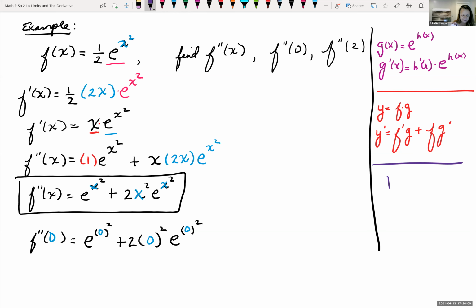So we're using the fact that b raised to the 0 is 1, as long as b is not 0 itself. So e raised to the 0 power, because 0 squared is 0, that's just 1. Plus, well, 2 times 0 is 0, and 0 times this e to the 0, which is 1, is just 0. So the double derivative evaluated at 0 gives us back 1.